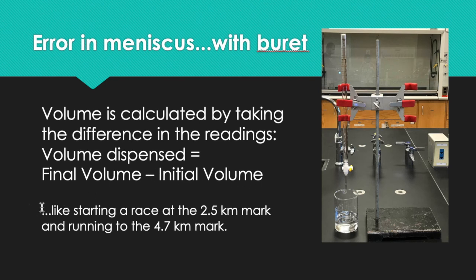It's kind of like if you were starting a race and you jumped in at the 2.5 kilometer mark and you ran until you were tired of running, and you stopped at the 4.7 kilometer mark. The distance that you ran would not be either of these numbers. It would be the difference between the numbers. So you actually ran 2.2 kilometers. But it doesn't matter how long the entire race was, just like it doesn't matter how much liquid is in the entire burette. What matters is where you started and where you ended. That's how you know how far you've gone.